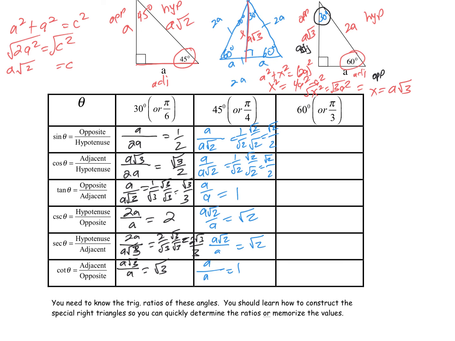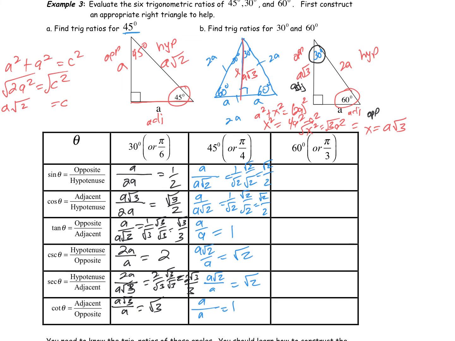So we are going to look at the 30, 60, 90 triangle, and we're going to focus on the 60-degree angle. And I have marked the side lengths in red for the 60-degree angle. So we have adjacent A, opposite is A rad 3, hypotenuse is still 2A.